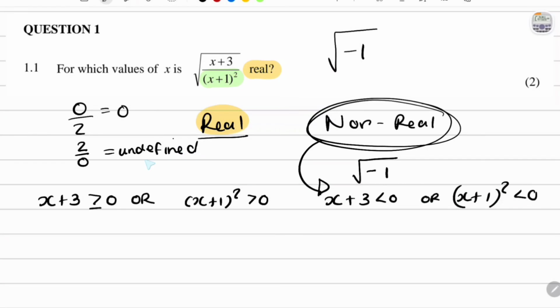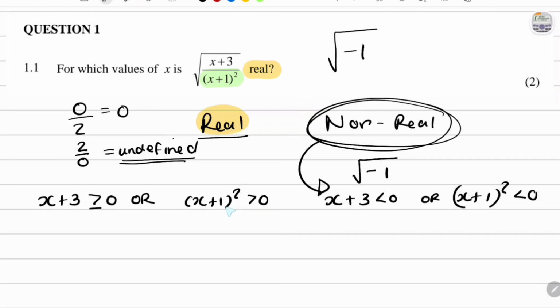So the question is, are undefined numbers real? And the answer is no. Undefined numbers are also not non-real. They're not real, they're not non-real, they're just undefined, meaning we haven't found a way to define them yet. So we can't include that.